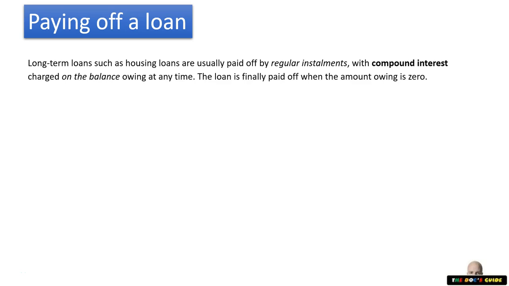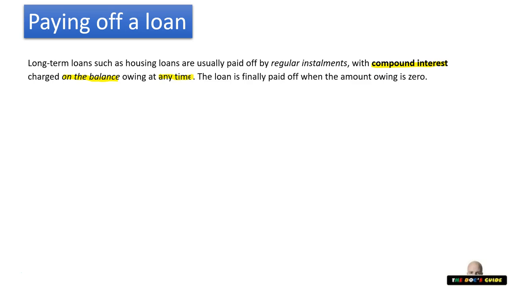Hello mathematicians, we're now going to have a look at paying off a loan. Long-term loans, particularly housing loans, but I guess some more expensive cars, boats, even land loans, are usually paid off by regular instalments, but the compound interest is charged on the balance which is owed at a particular time.